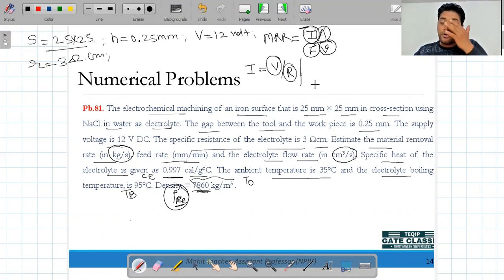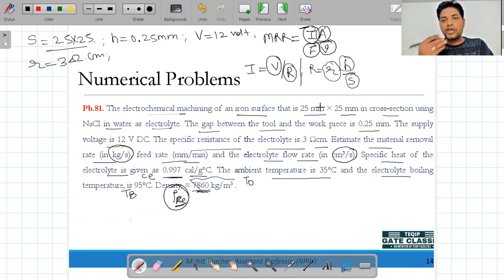So the same condition as in the last problem: R will be equal to small r into H by S. Till the calculation of MRR, whatever steps we followed in the last problem, we have to follow the same steps in this problem as well. For this, small r is given, H is given, S is given.